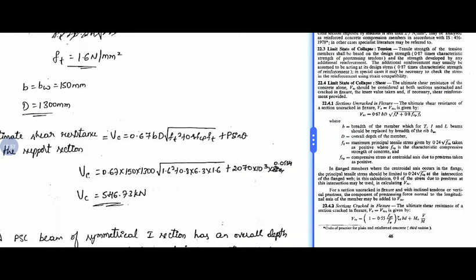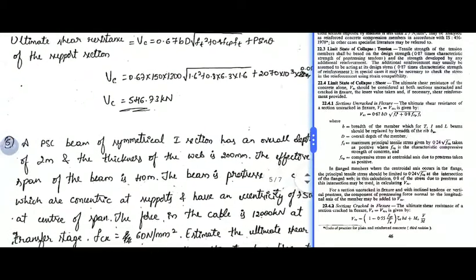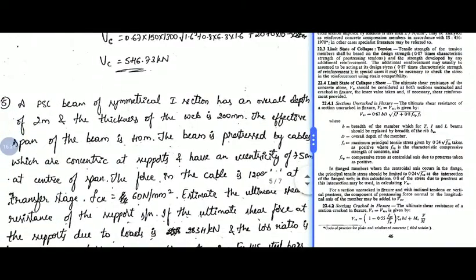So other than a straight profile, if it is any parabolic or inclined profile, then we need to go for the vertical component of the pre-stressing force. On substituting, we will get VC equals 546.73 kilonewton as the ultimate shear resistance of the beam at the support section.